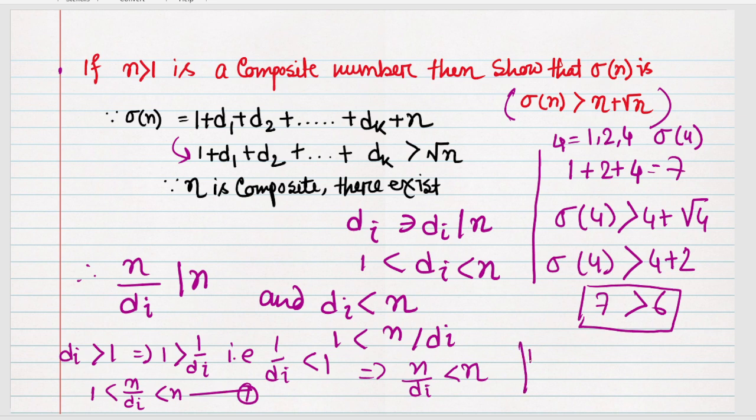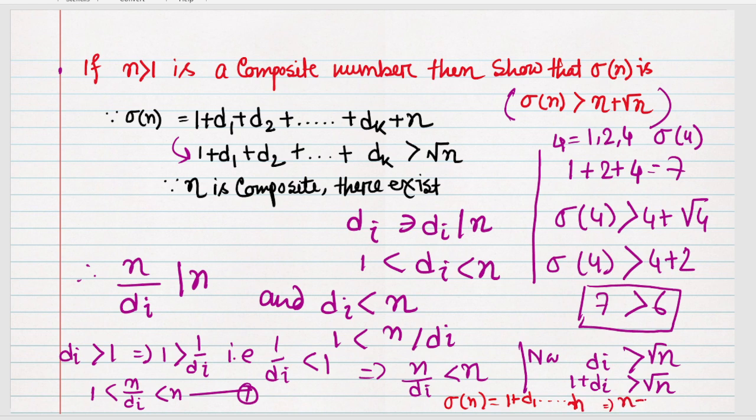And in another way, we have that d_i is greater than root n. That means 1 plus d_i must be greater than root n. So we can easily say from this statement that sigma of n is nothing but 1 plus d1 plus d2 up to dn.